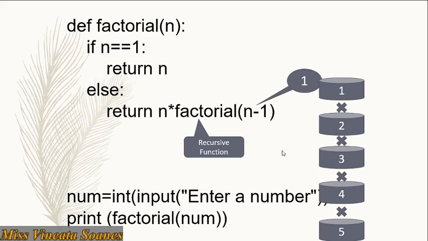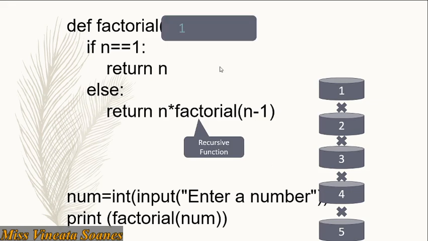This is what exactly happens in recursion. It doesn't just go straight away to your main program and print that 1 or that 2 or anything like that. It gets stored in a stack, and it comes out one by one. It comes out in this way, which means 1 first will come out, then 2, then 3, then into 4, into 5.